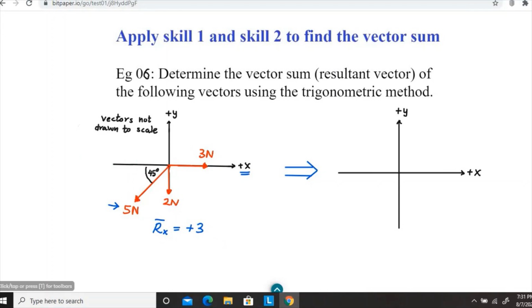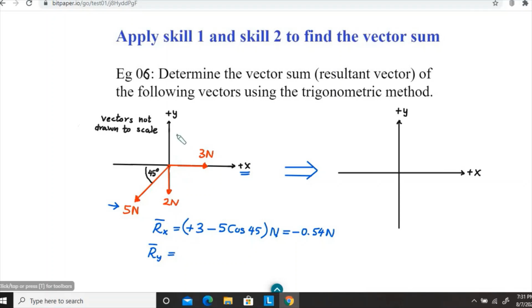As a result, I'm going to put negative 5 times cosine 45 Newtons, because we are dealing with forces. When you simplify this, you get minus 0.54 Newtons.